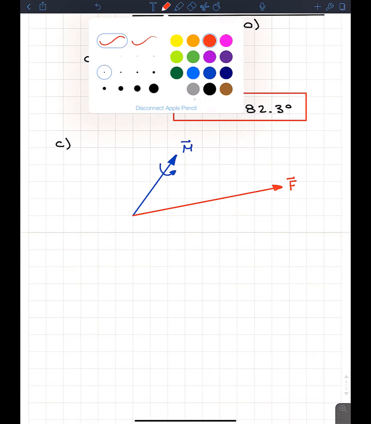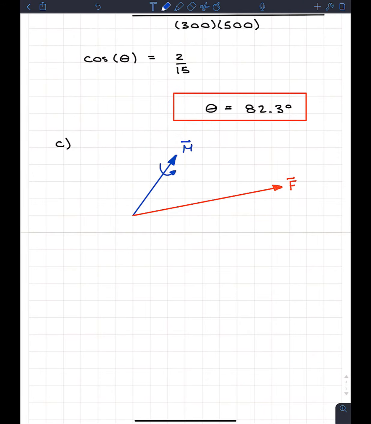So what we want to do is take this moment vector and create 2 separate vectors with it. So we're going to project it right here onto this. So this vector right here will be our MR. Oh, so I should put R here, sorry. This right here is going to be MR parallel.